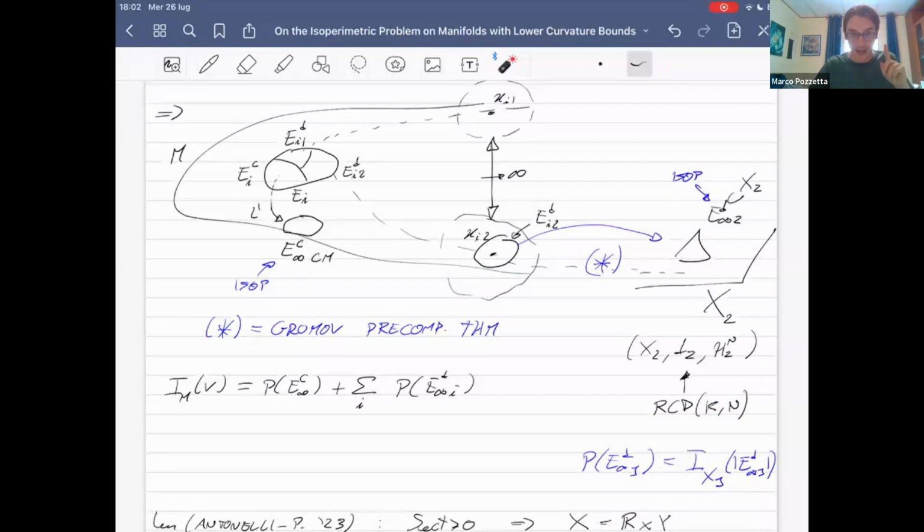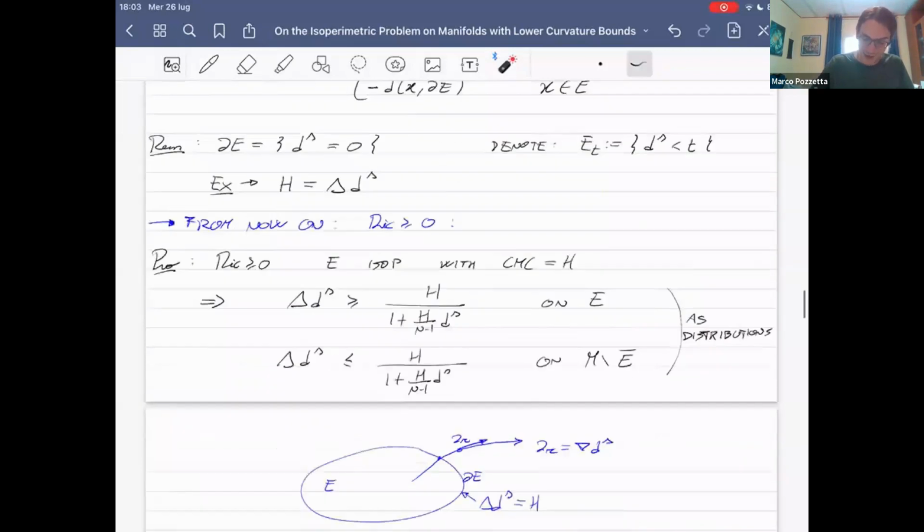What we can prove anyway is that if a set, for example here in an RCD space, is isoperimetric, then there exists a constant h such that this inequality holds. So basically, I don't know yet if there is a definition of constant mean curvature, but what one can prove is the consequence.